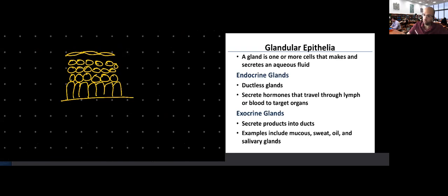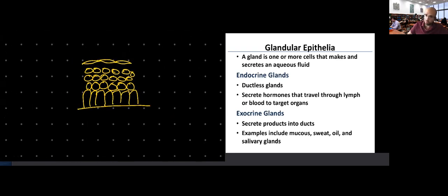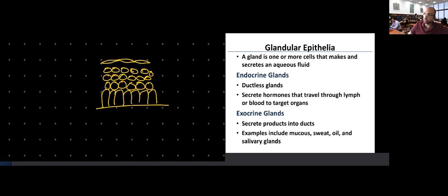So what did we classify this epithelium? As it is formed of more than one cell layer, it is stratified, and as the apical cells are flat cells, it is squamous. So this is going to be stratified squamous epithelium.